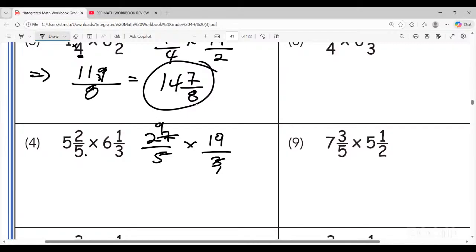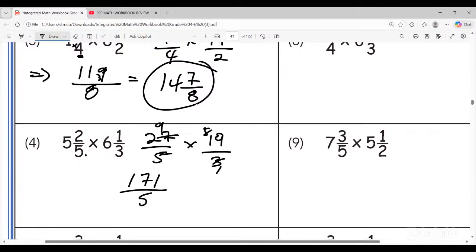And then we multiply across. So it would be 9 times 19. 9 9s are 81, 9 1s are 9 plus 8, 17. And of course, remember we cancel this, so we have 1.